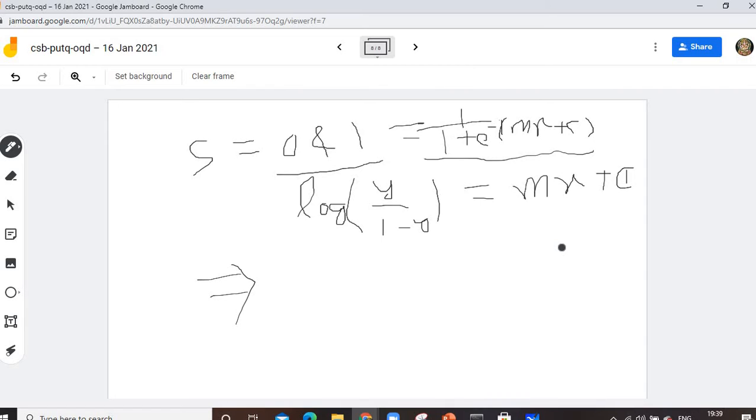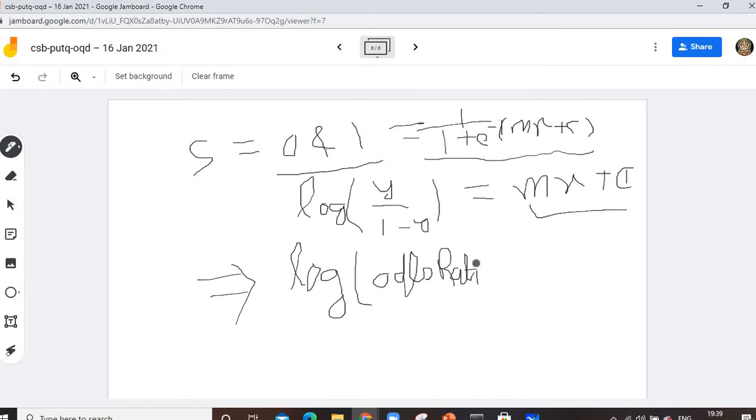So see here, this is a linear function. The log of this is also called the log of odds ratio. Y divided by 1 minus y is called the odds ratio.